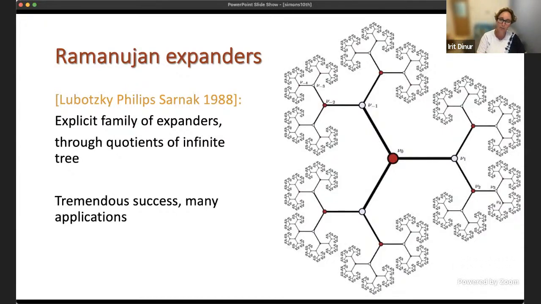You can associate vertices of this infinite tree with a certain group, and then use a subgroup to glue together different vertices if they're in the orbit of this subgroup. This gives you a finite object. What LPS proved is that this finite object is a very good expander. And this has had tremendous success, with many applications.